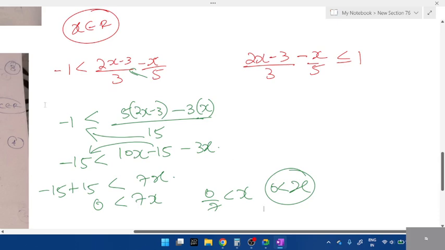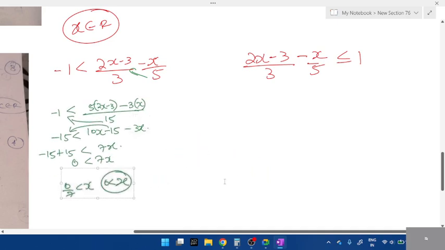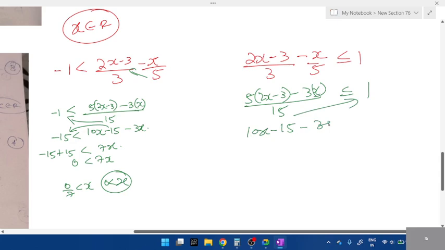If you got this equation, see those who didn't do it, don't copy students. I'll give you all time. Look here, after this, next one. Same, LCM is same. 15 plus 15 is 30.